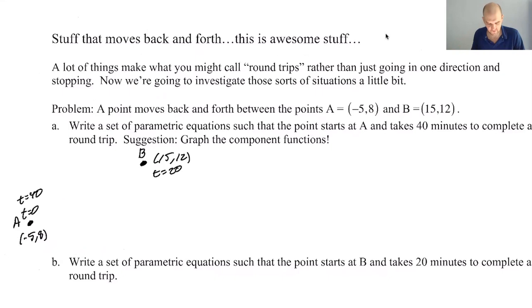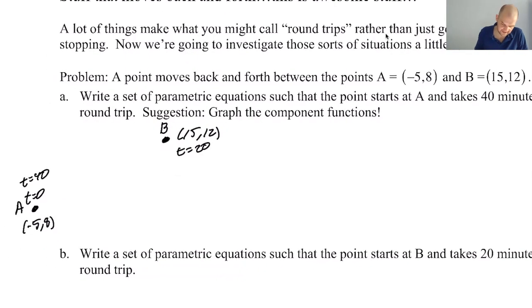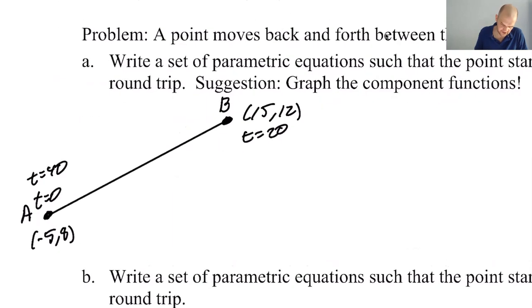The other assumption we're going to make is that we get to the midpoint at the midpoint of each part of the journey. So let me put a line here. If it takes us from 0 to 20 to get here, we're going to say that we got here at t equals 10.